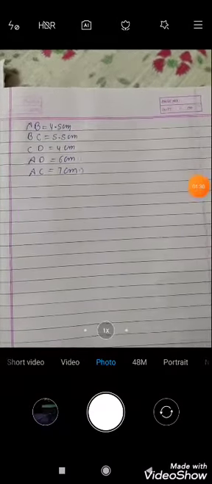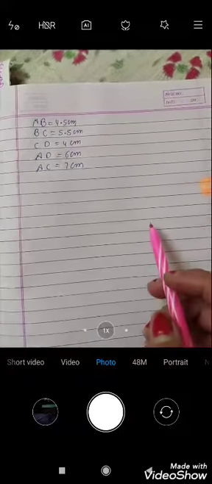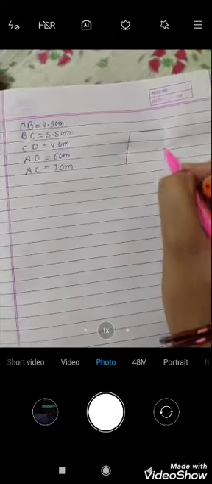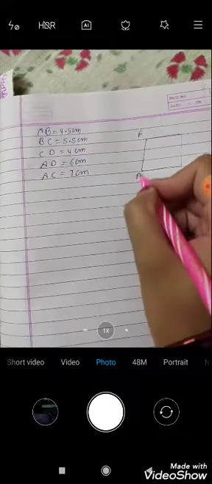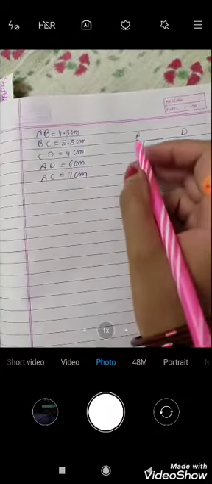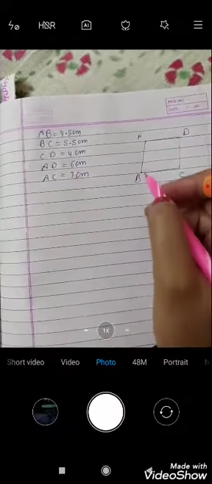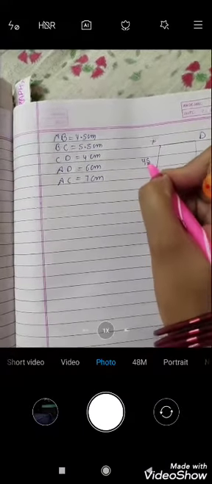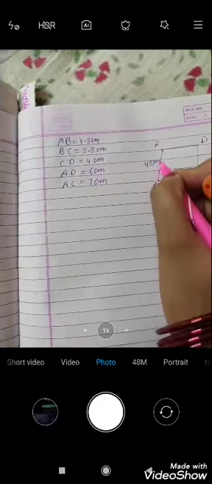To construct the actual diagram, we will first draw a rough diagram for the quadrilateral ABCD. We roughly draw a quadrilateral and label it ABCD. Then we write the measurement of each side and diagonal. AB is 4.5 centimeter, so I write 4.5 centimeter on side AB.